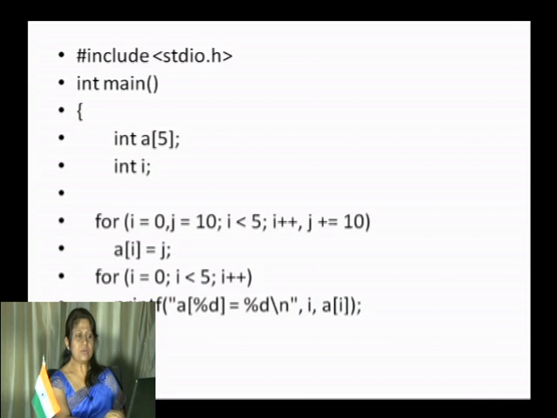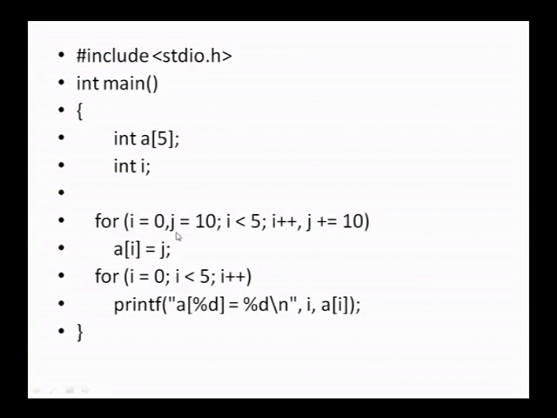Now I have one simple example over here which consists of an array A of a maximum size of 5, and as you see in the code, for I is equal to 0 and j is equal to 10, both initializations have taken place. There are two control variables over here, and my termination condition is I less than 5, and the update of the control variables is I plus plus and j plus equal to 10, and I am assigning the value, that is a of I is equal to j.